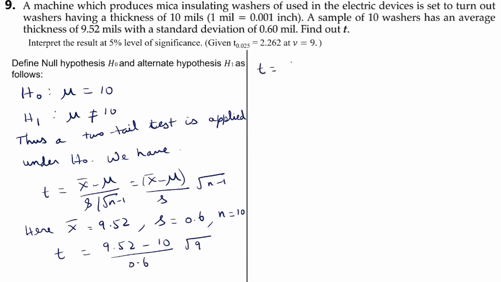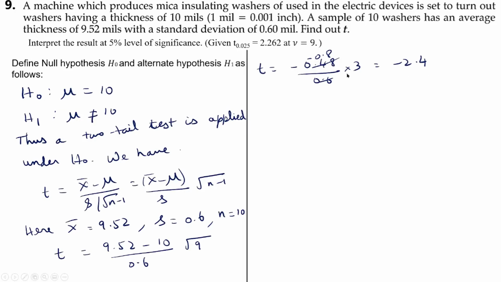So we get T as minus 0.48 upon 0.6 into 3, which is negative 2.4.